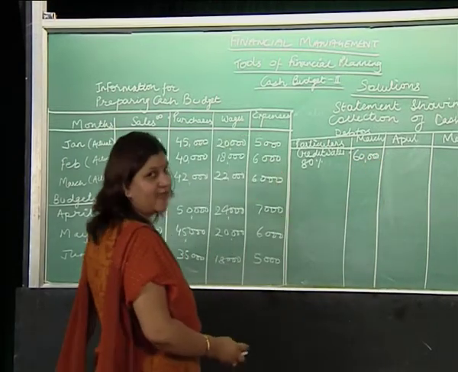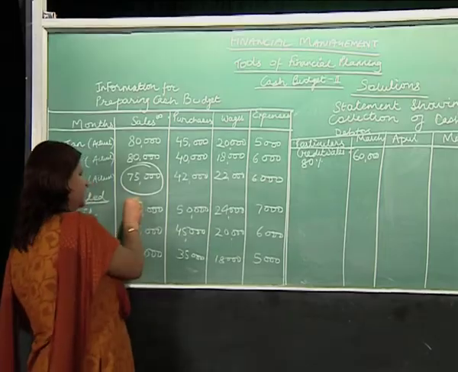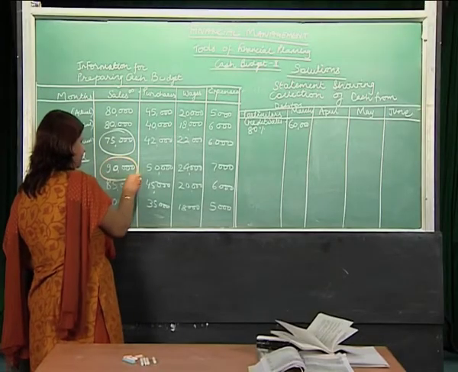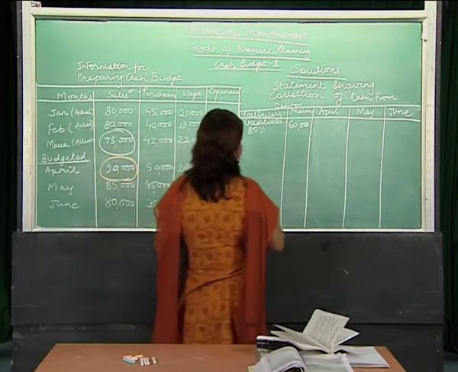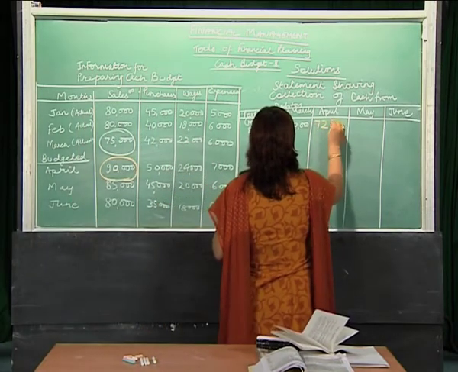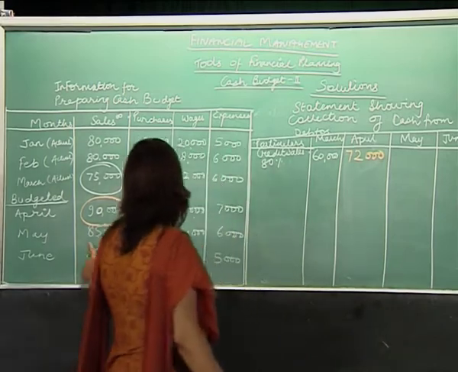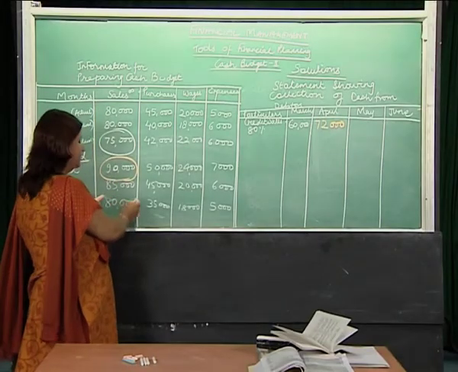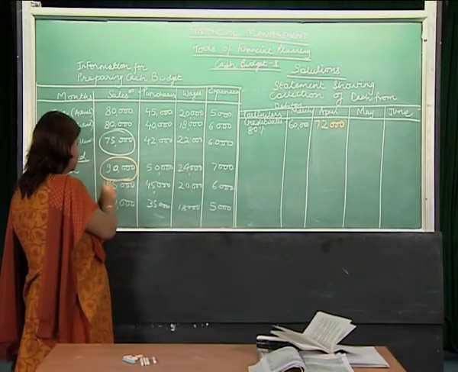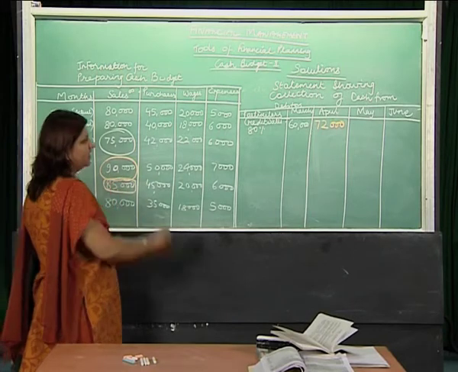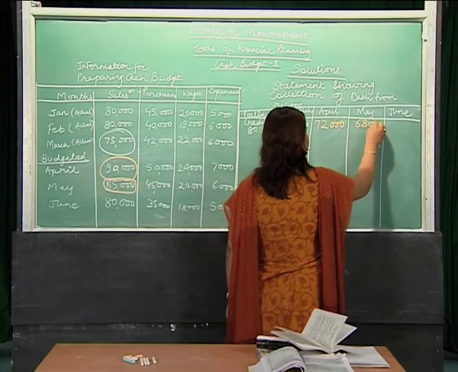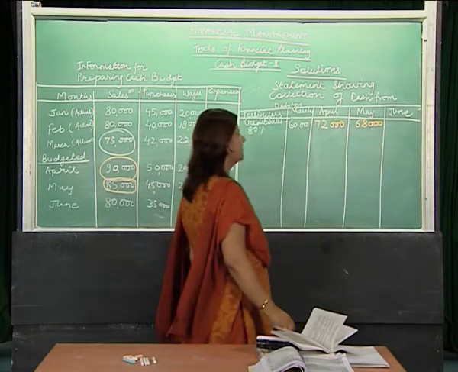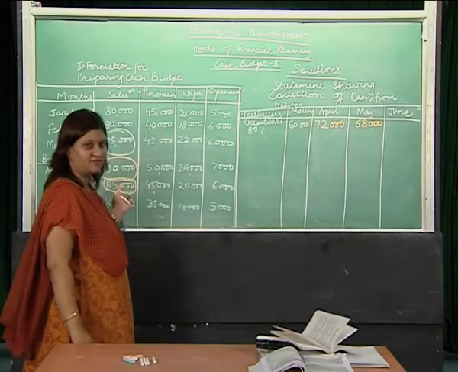For the month of April, that is for 90,000, the credit sale shall come out to be 72,000. And again for the month of May, that is 85,000, it shall come as 68,000 because it is 80% of 85,000.